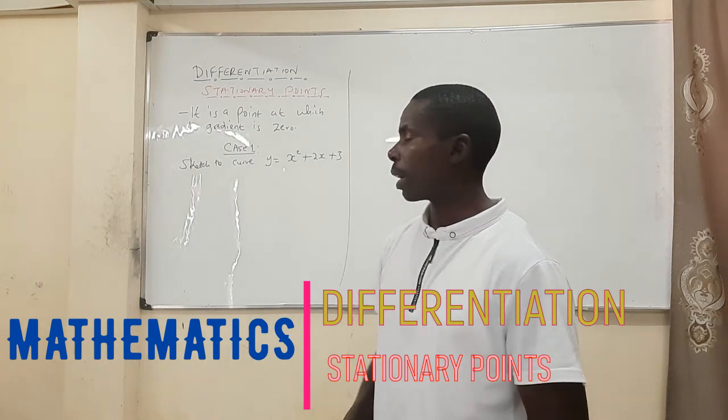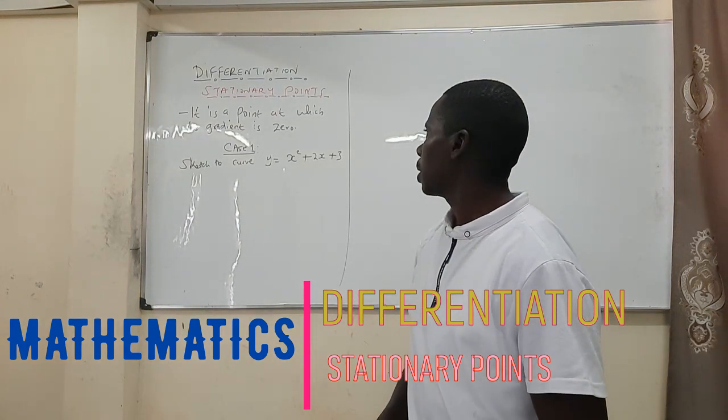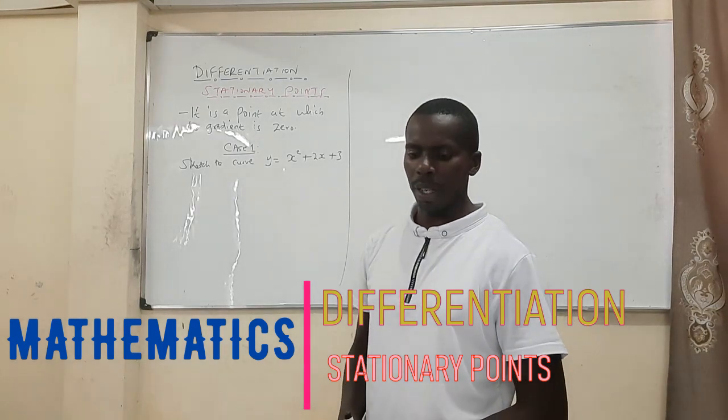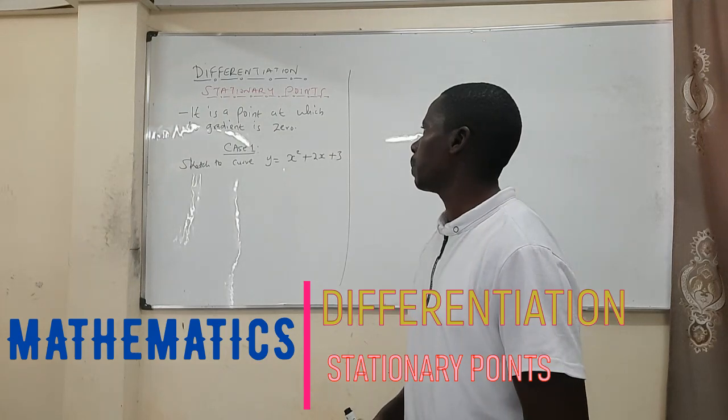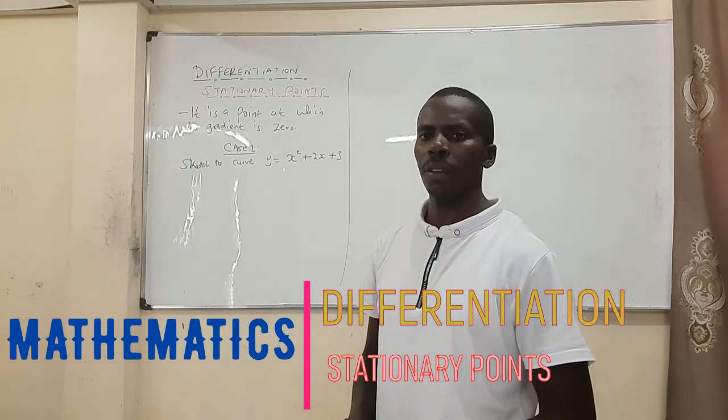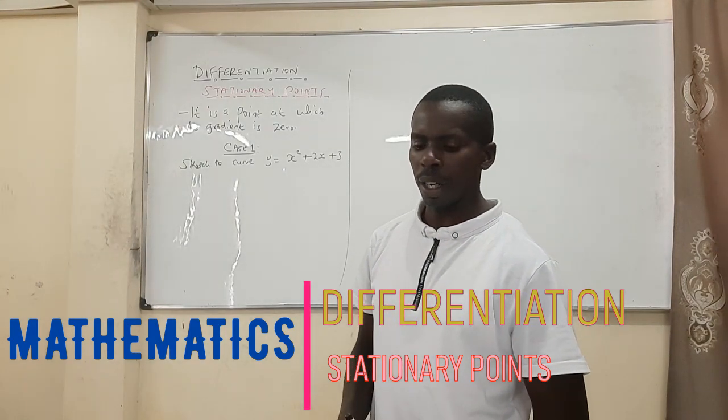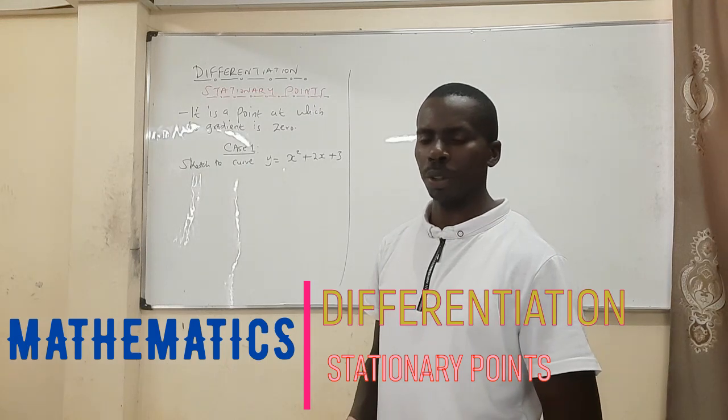Number one, we have a curve that is y equals x squared plus 2x plus 3. We sketch it and see the behavior of that curve about the stationary point.